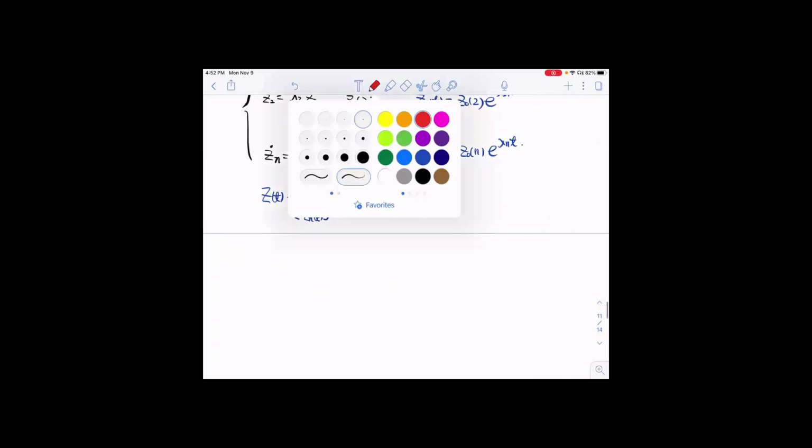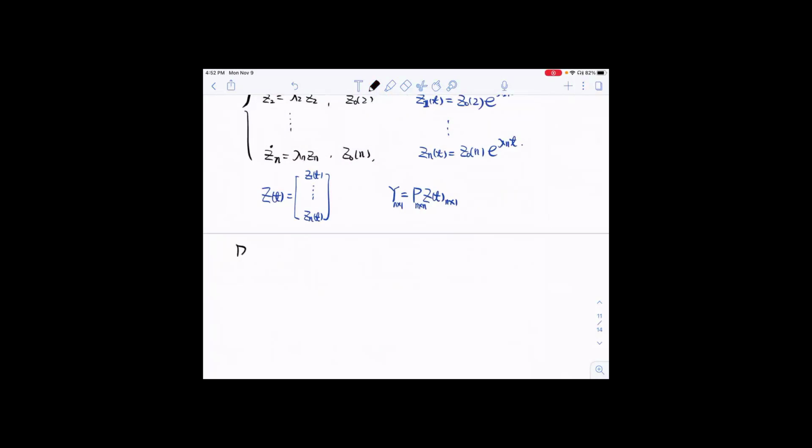So let's say we directly use M x double dot plus K x to find A and Y. From here, we have one equation, which means x double dot equals minus M inverse K x.